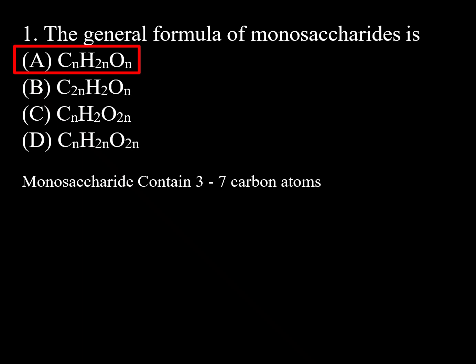N indicates the number of carbon atoms. For monosaccharides, the carbon atoms range from 3 to 7.